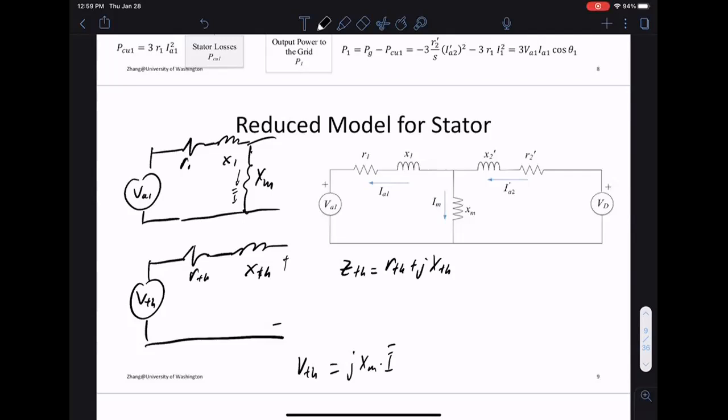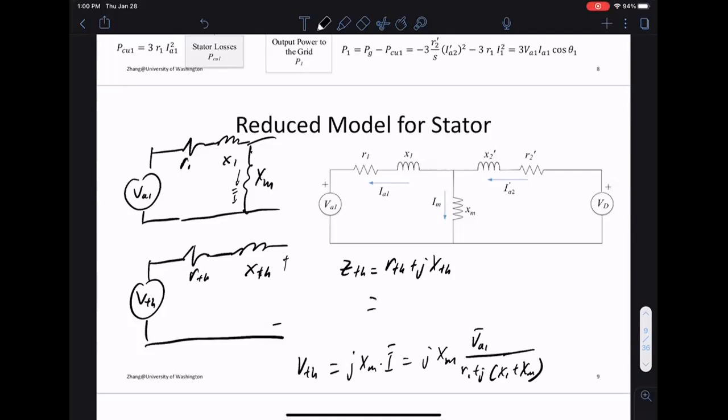This is the open circuit voltage. This current is easy to compute: it's just VA1 over R1 plus j(X1 plus XM). So this is the Thevenin equivalent voltage, as you open circuit the port and figure out the open circuit voltage. The voltage is just impedance multiplied by current.